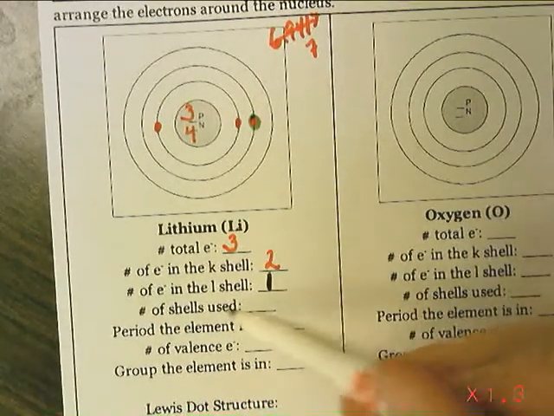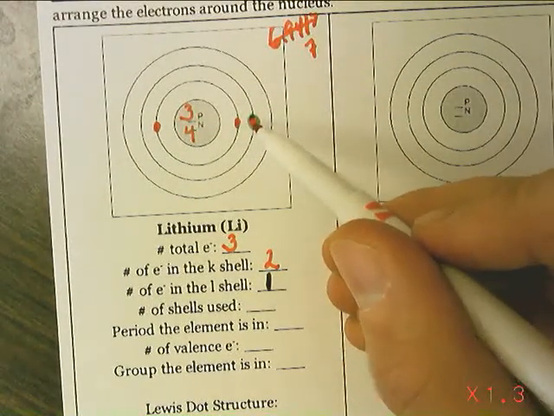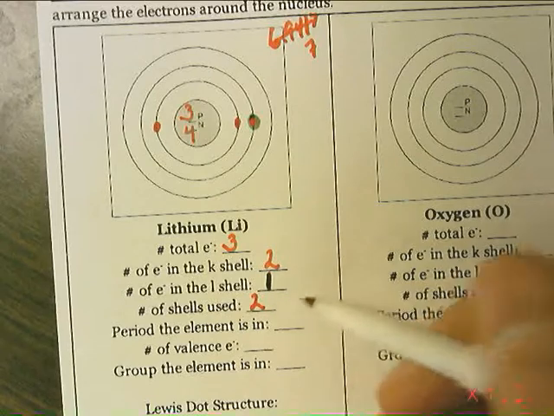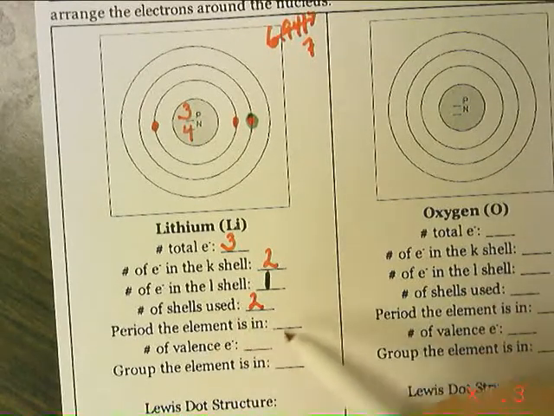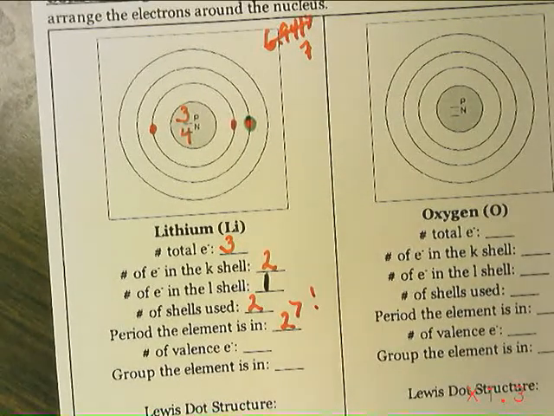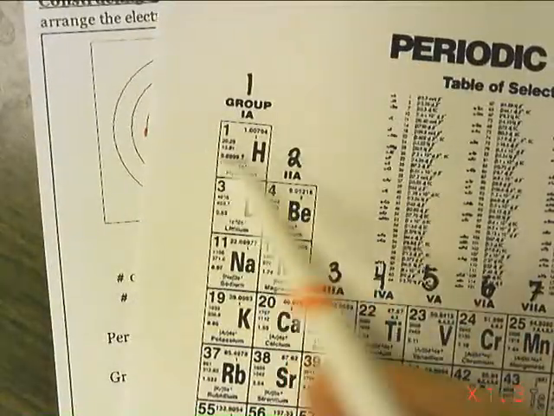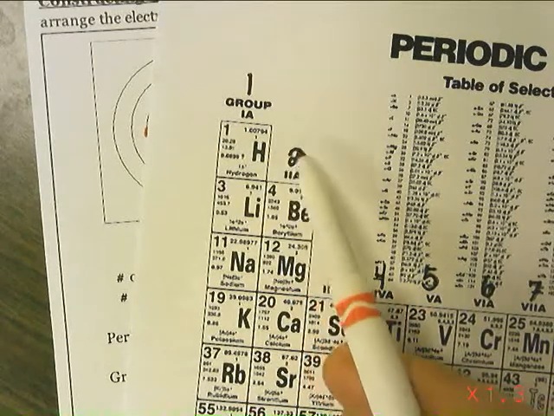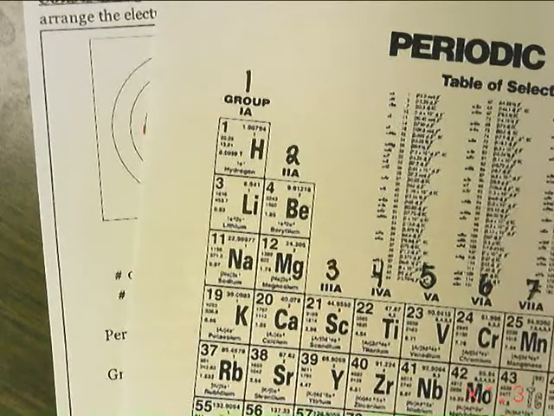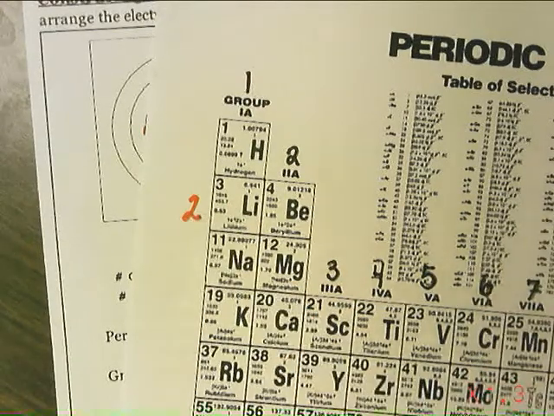How many shells did we use? We used 2. The K shell and the L shell. What period is lithium in? 2. Interesting. This is period 1. And helium is way over here. Lithium is in period 2.